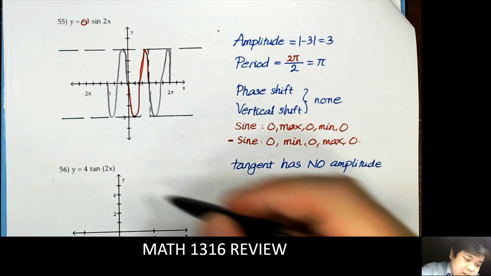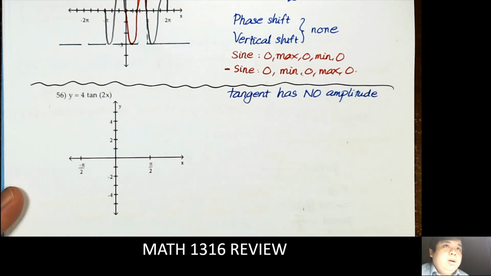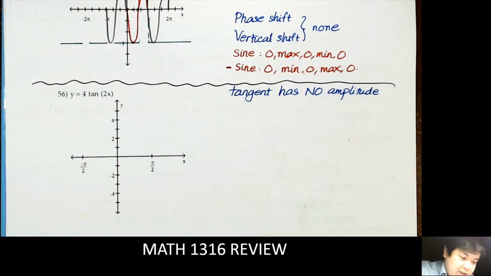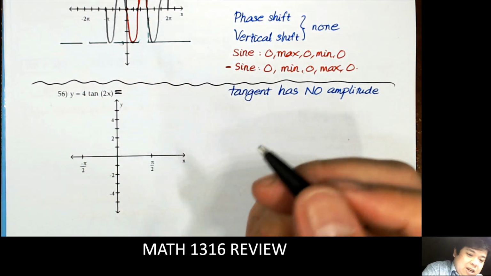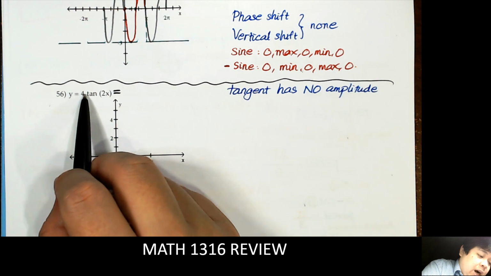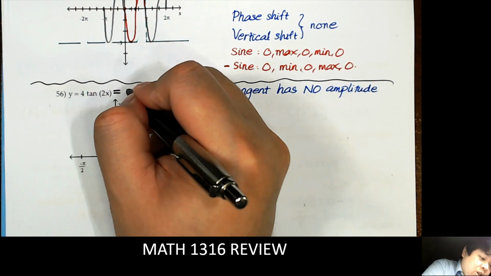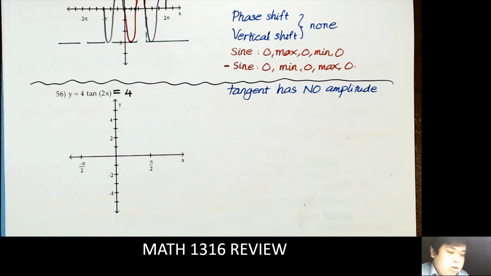So we don't need that, because we don't have it. Now focus on the 4; it actually doesn't do anything here. It stretches a little bit, but it doesn't help.